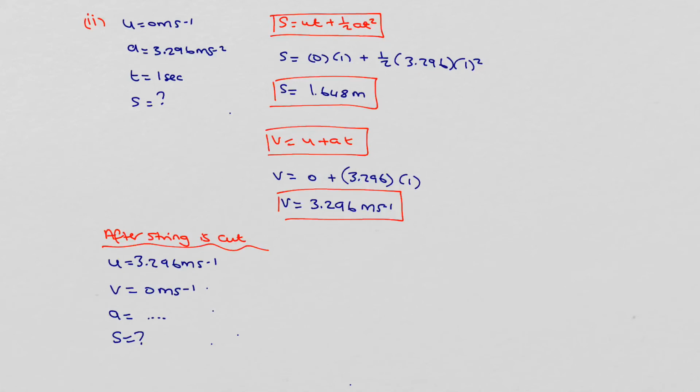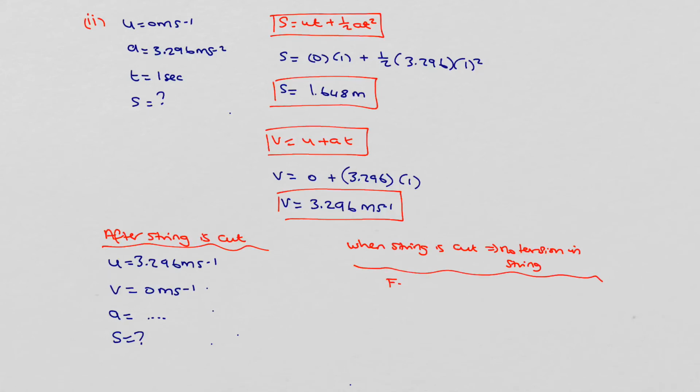So what we have to look at is when the string is cut, there is now no tension in the string. So if there's no tension in the string, well, what does that mean?